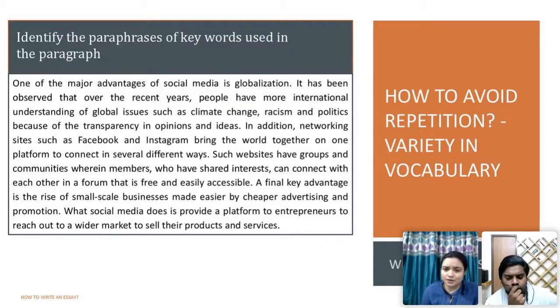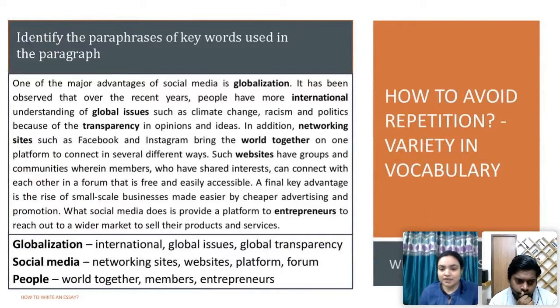It's impossible to look for synonyms and add a lot of variety in the essay. So what do we do? We look for similar concepts, something that is close enough to the topic, if not exactly the same. These are some of the key words in the paragraph, and then, of course, different variety added into vocabulary.